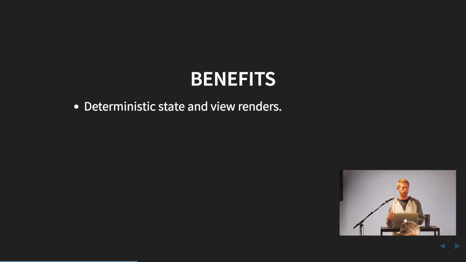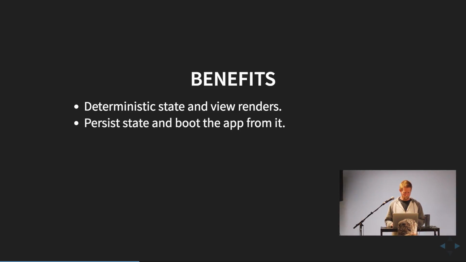So if we imagine that our UI is a function that returns a DOM, we can always give it a state object, and given that input, have the same view every single time. And that predictability gives us a number of benefits in terms of testability, reproducing the same view, and not dealing with unpredictability.